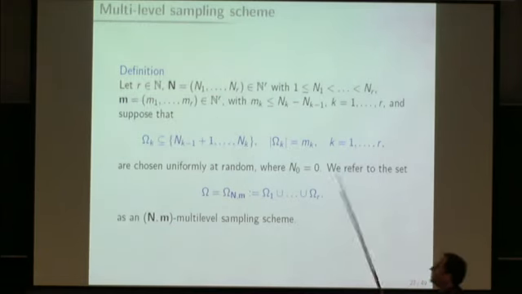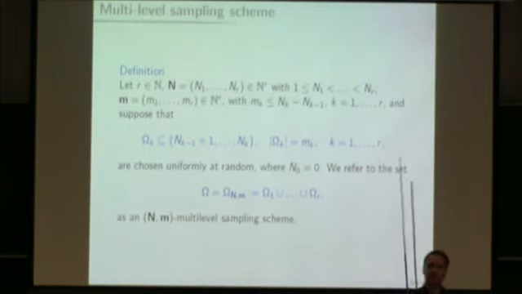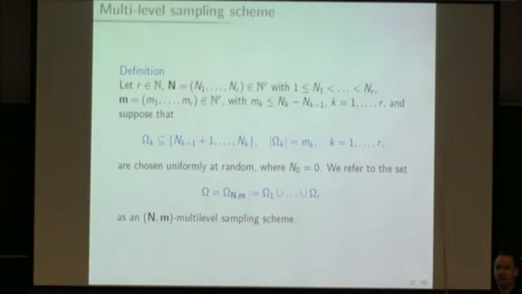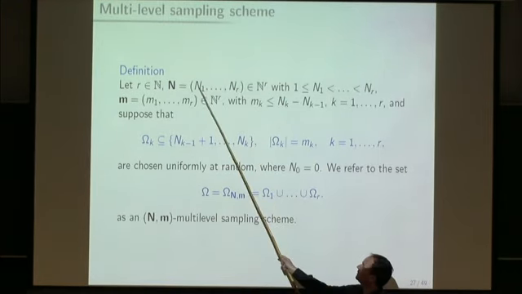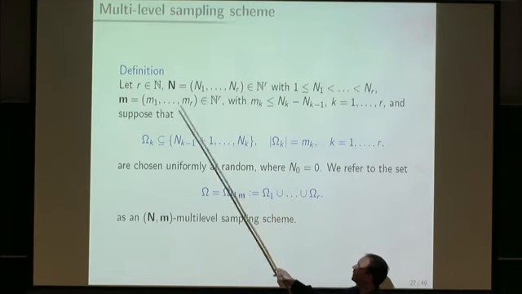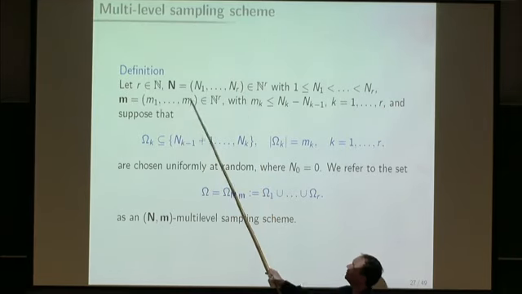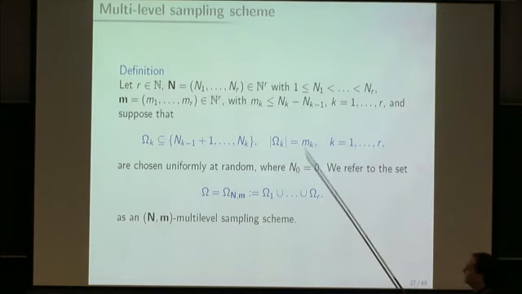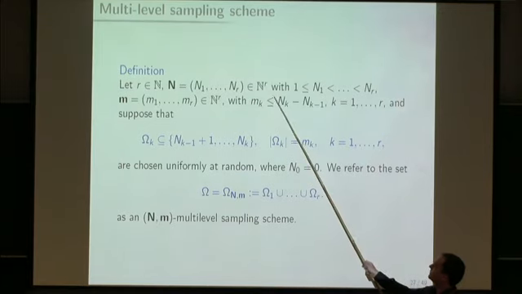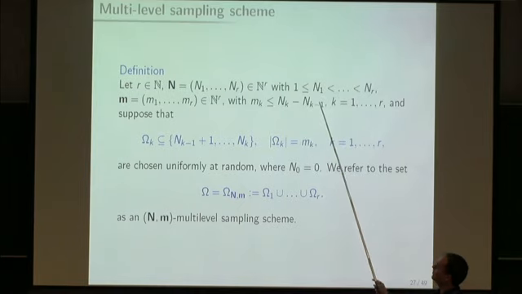So then how do you sample them? Well, we're also going to sample according to levels. These levels could be exactly the same levels as you would have in the reconstruction basis, but they don't have to be. So I have N1 through NR, which are the levels where I'm going to sample. And here's the key thing: I'm going to have M1 to MR, which are now the sampling densities in these different levels. So MK is smaller than NK minus NK minus 1.